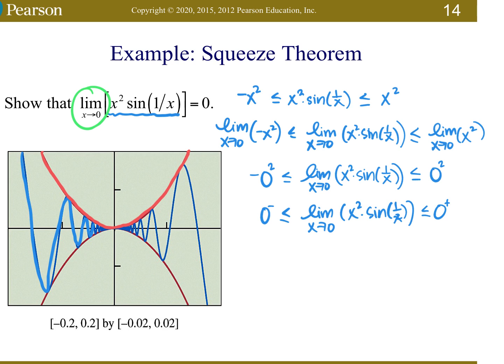Therefore, there is no other conclusion than that the limit of x squared times the sine of 1 over x must be sandwiched between and must be equal to 0. It's kind of like doing a proof in geometry, only you don't give the reasons, but you're following a logical process. Each step logically proceeds from the one before.